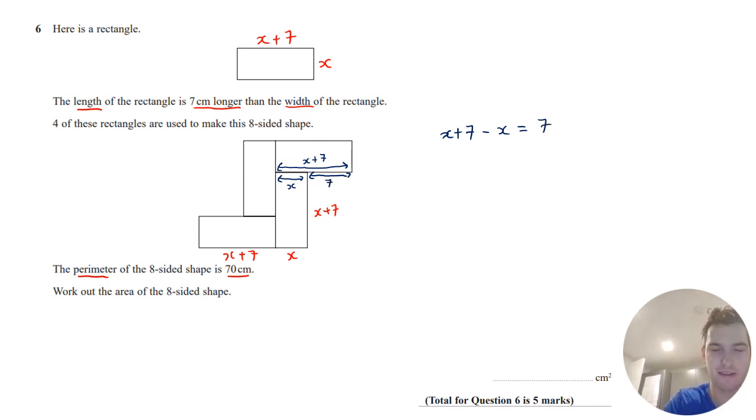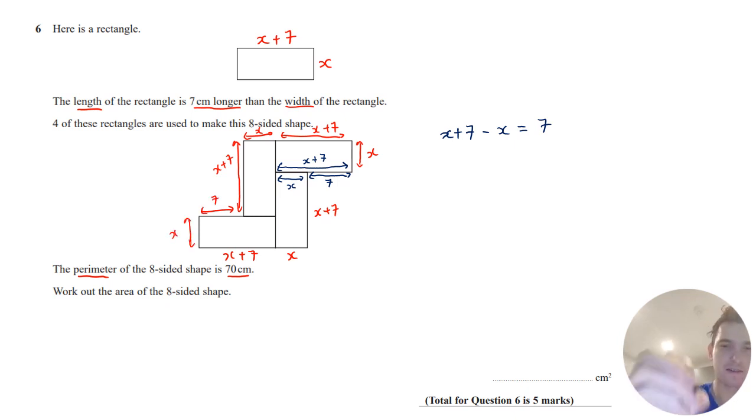So that weird length there is 7. And let's keep going around the shape. So x here, and I've got another length here, which is 7. And then this here is x.